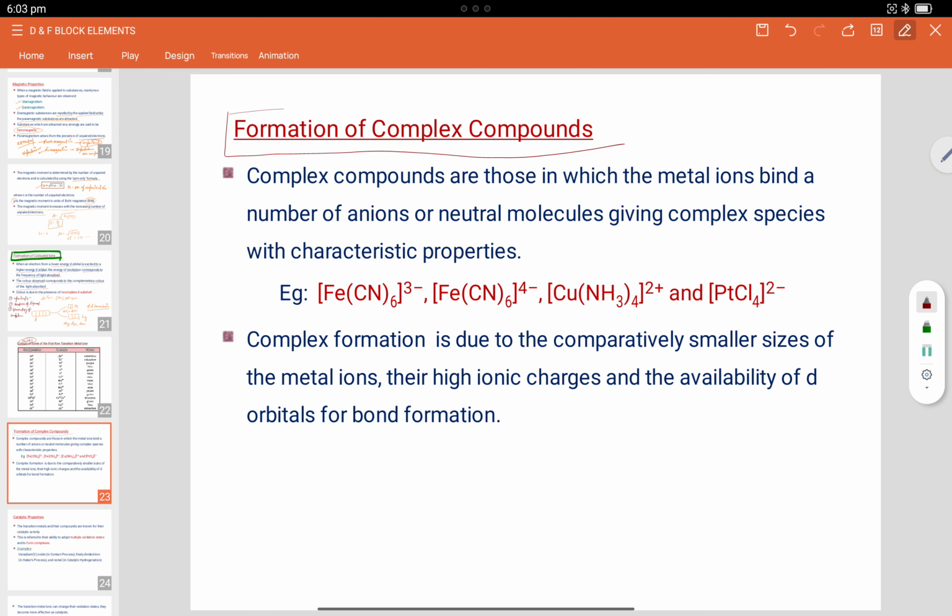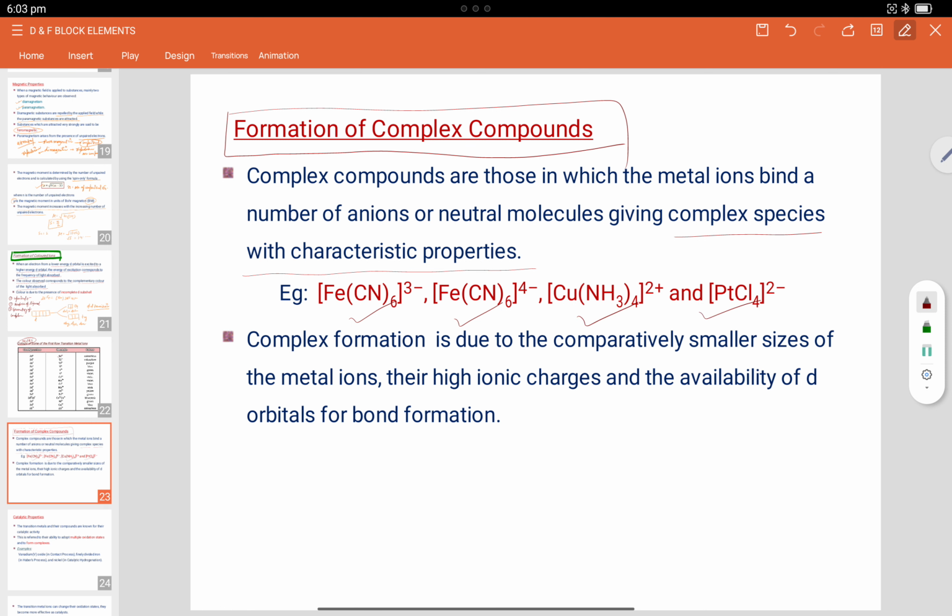Complex compounds are those in which the metal ion binds a number of anions or neutral molecules giving complex species with characteristic properties, like [Fe(CN)6]3-, [Fe(CN)6]4-, [Cu(NH3)4]2+ and like that.